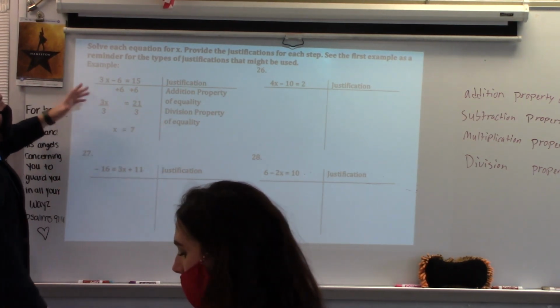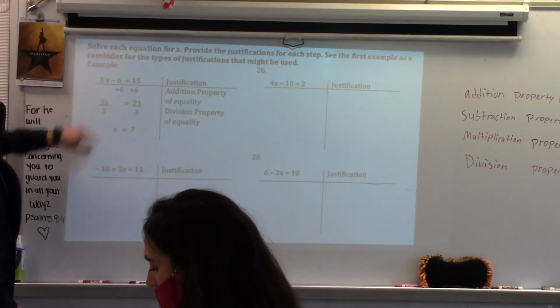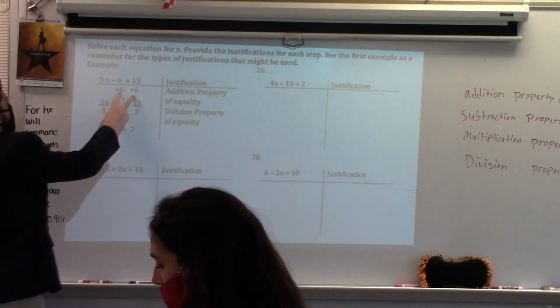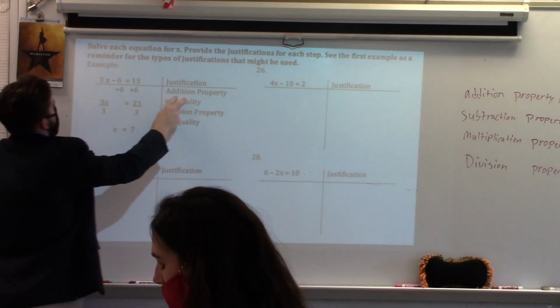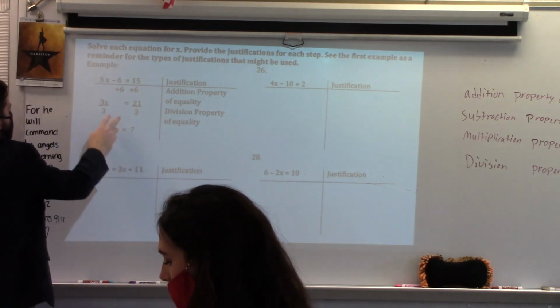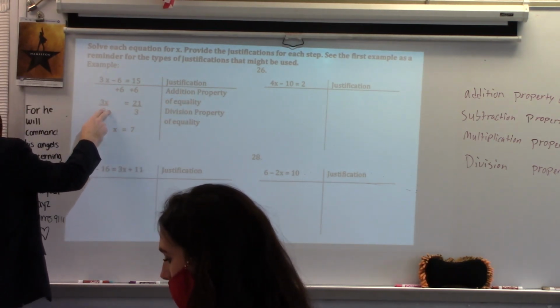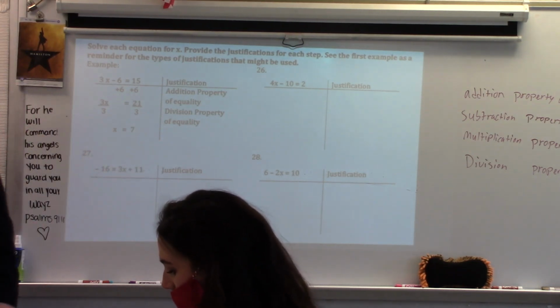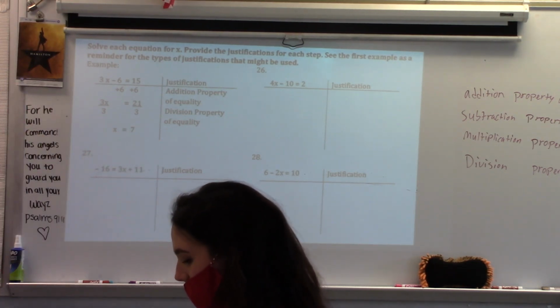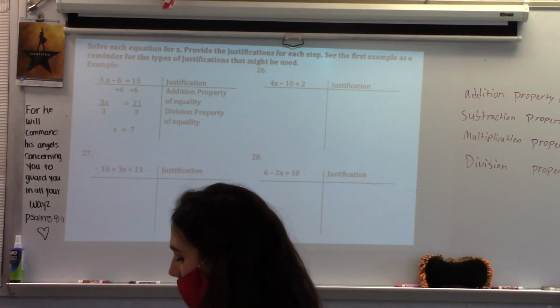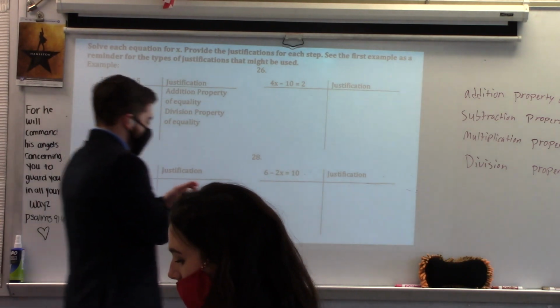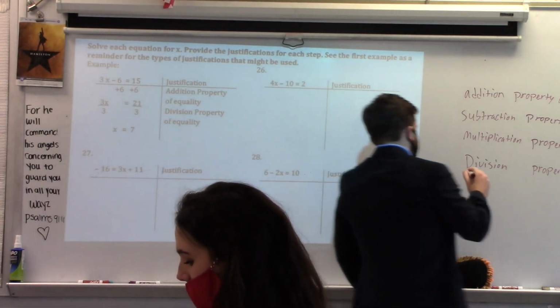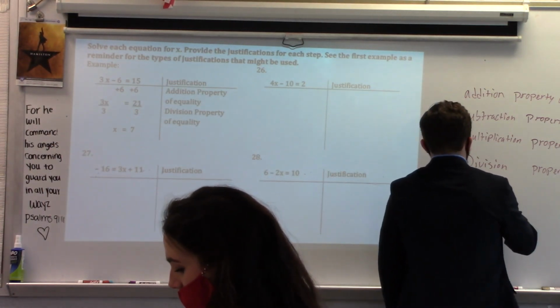Here they added 6 on both sides, so they justified it by saying the addition property of equality. And then they divided each side by 3 to use the division property of equality. So today, we're going to be solving these equations, and on the right-hand side of the table, we're going to be justifying which property we're using. And the only other property is the distributive property.